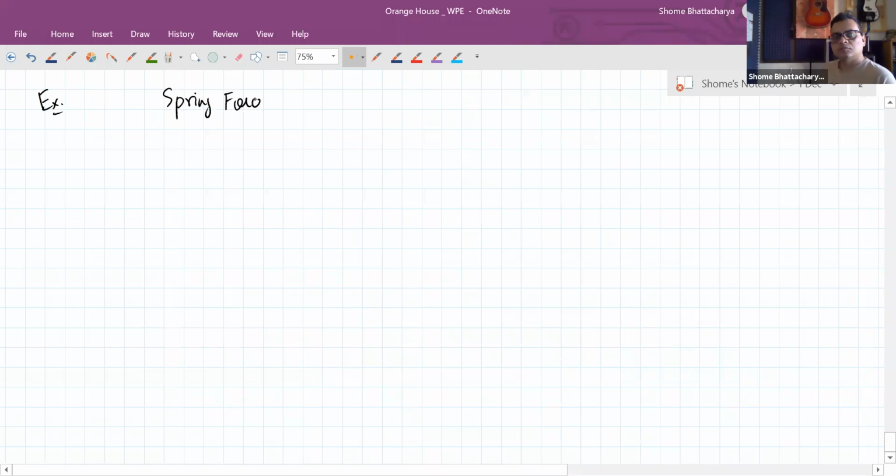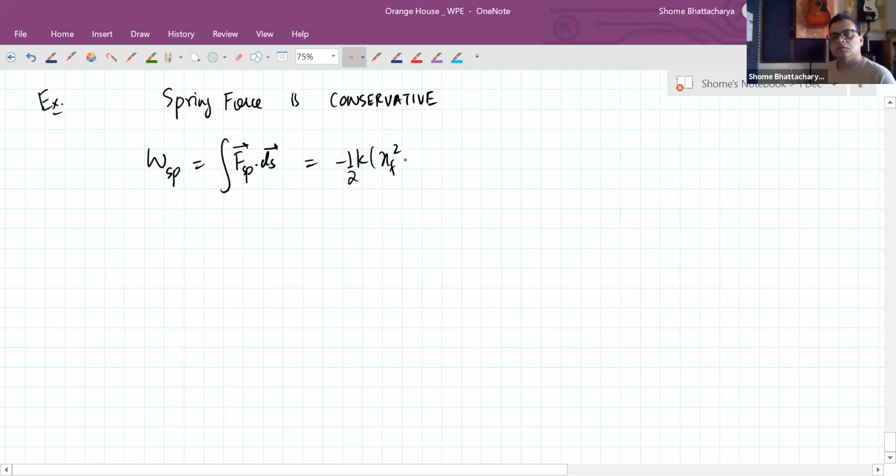That is conservative, because we have seen that the work done by spring force, which comes from integrating spring force with respect to displacement, is ultimately given by this formula. When you consider this formula, it only depends on x initial and x final.